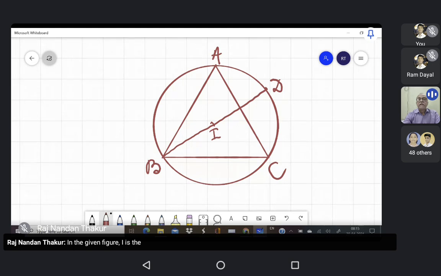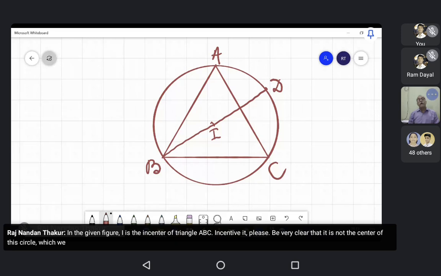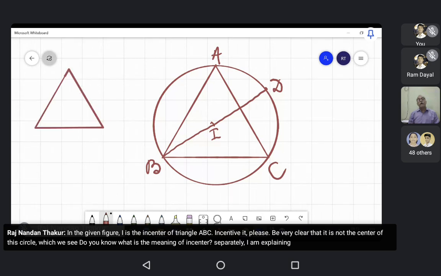I is the in-center of triangle ABC. In-center, please be very clear that it is not the center of this circle which we see. Do you know what is the meaning of in-center? Separately, I am explaining.